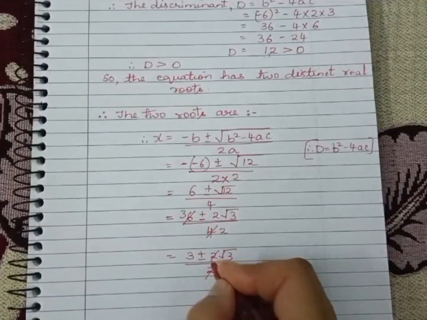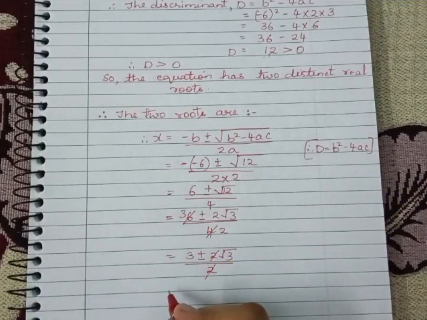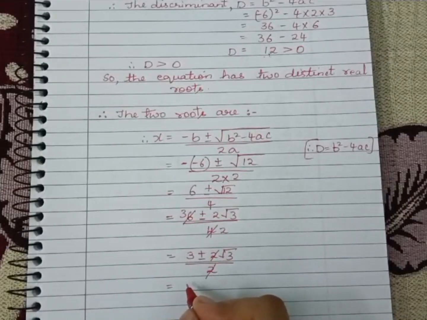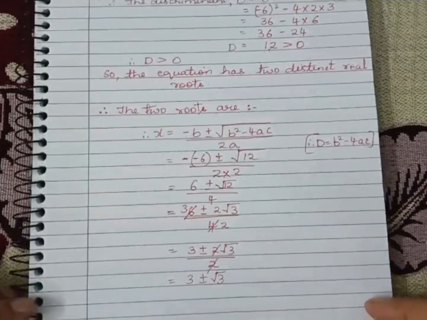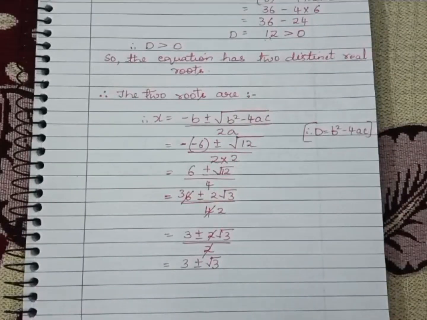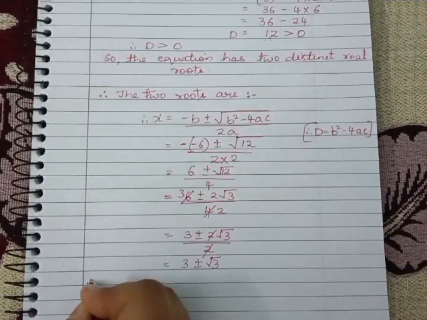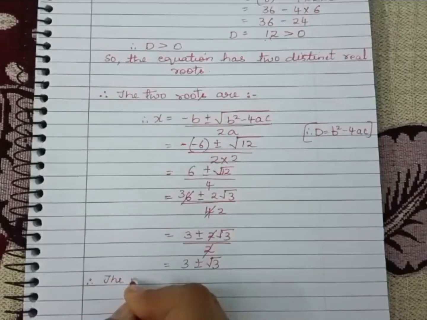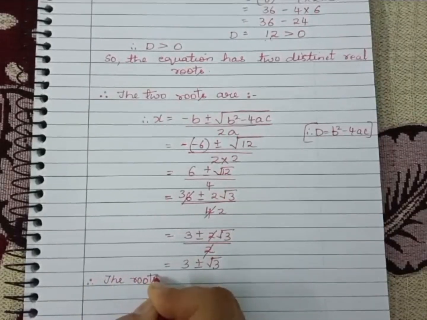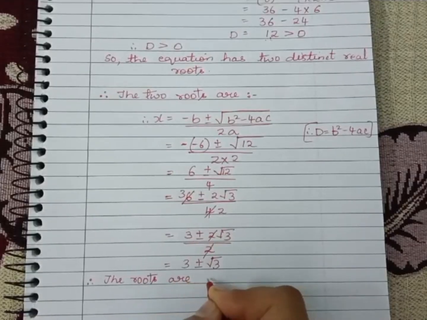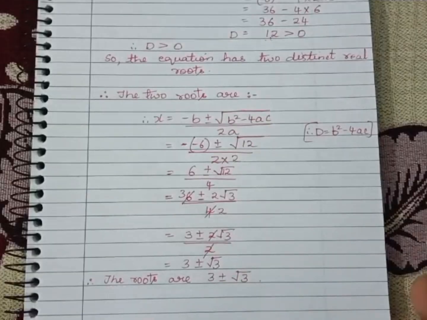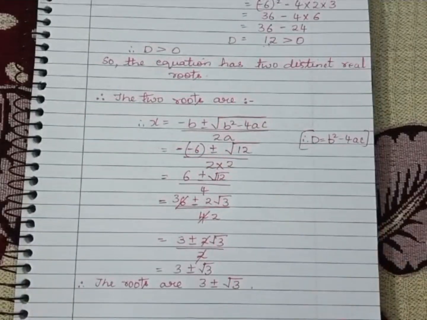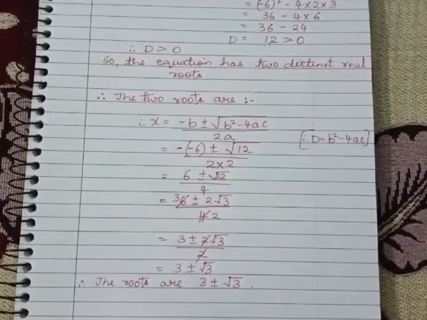Here we are going to cancel 2 2s, equal to 3 plus or minus root of 3. So therefore the roots are 3 plus or minus root of 3. So this is the answer for the third question.